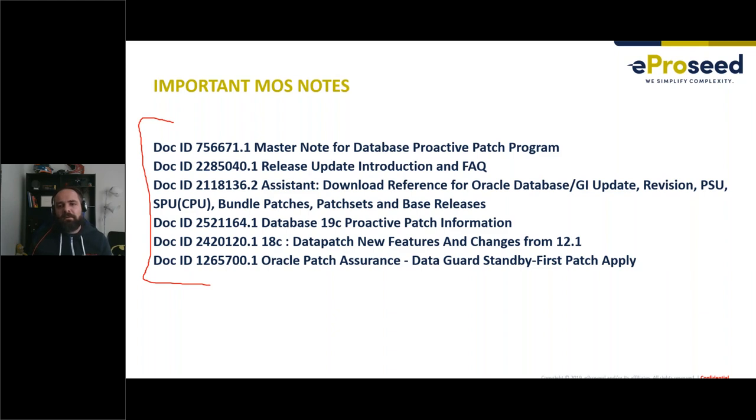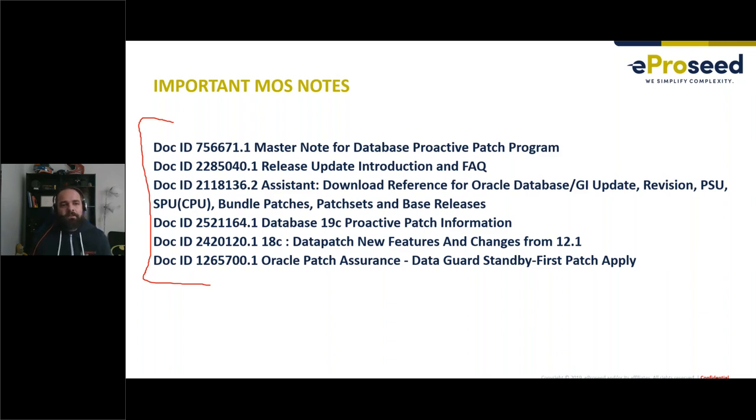This nomenclature is not valid for Windows, just for Unix and Linux for the moment. Okay, so for Windows, as far as I know, last time I checked, BP and PSU are still valid.